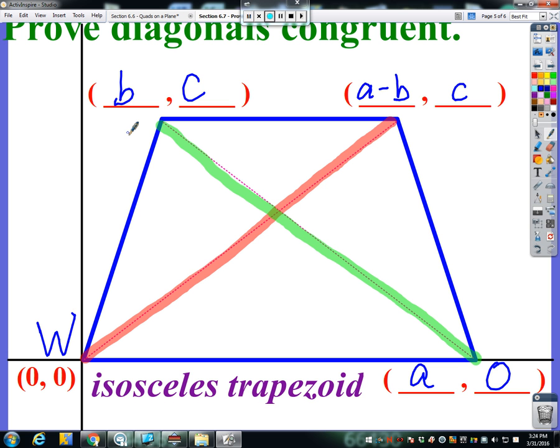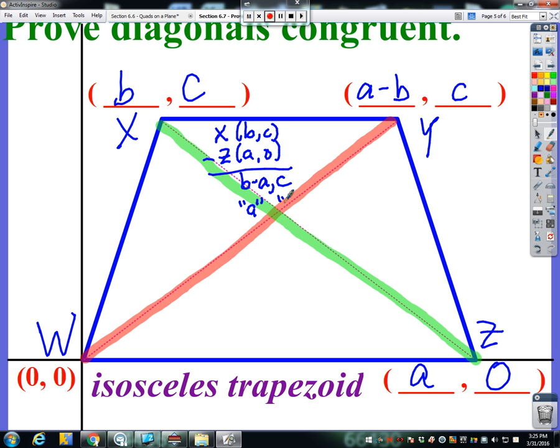So let's again give this W, X, Y, and Z. And let's start with X and Z here. So if I took X, which is b comma c, and Z, which is a comma 0, and I subtract, b minus a, well, that's still just b minus a. And c minus 0 is c. And so these represent the a and the b values for the Pythagorean theorem.